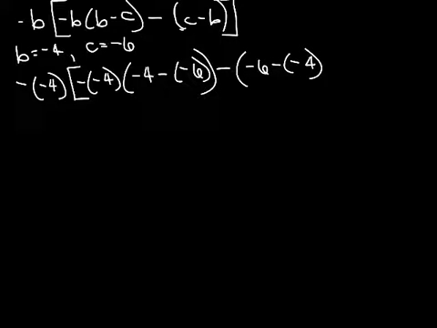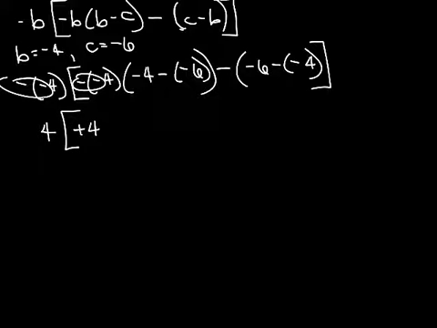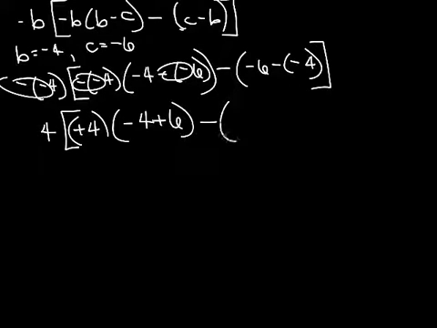Okay, let's see, I've got a brace somewhere right there. Okay, so change that to a positive 4. Change that to a positive 4. Change that to a positive 6. Change that to a positive 4.